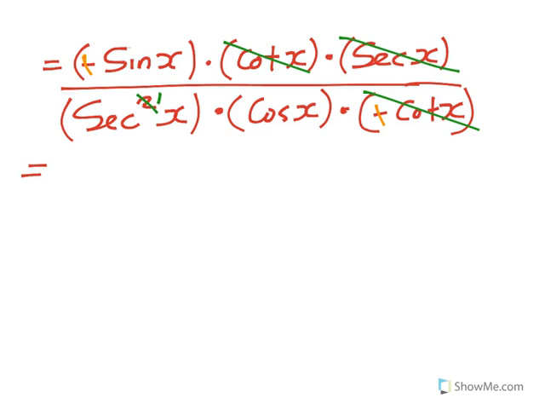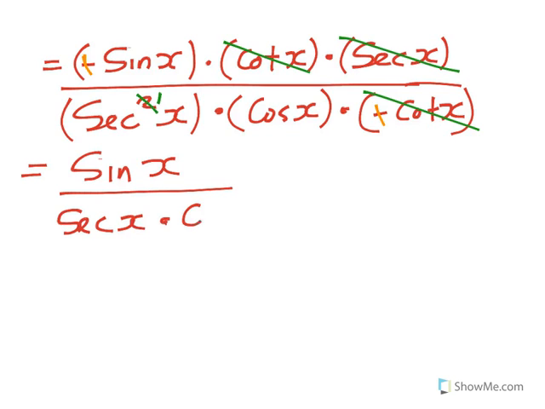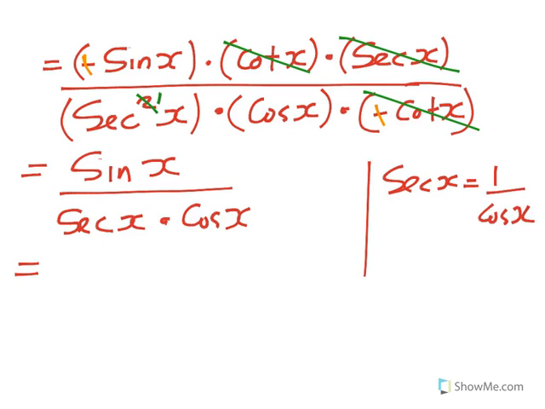So what you're having now is sin x over sec x multiplying cos x. But what do you know about sec x? Remember, sec x is equal to 1 over cos x. It's given in the formulas.